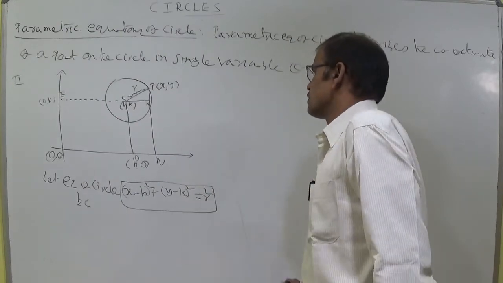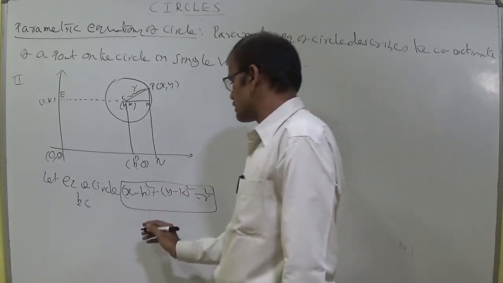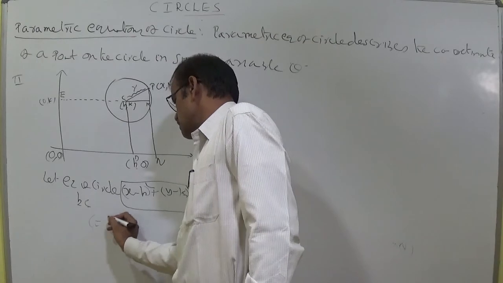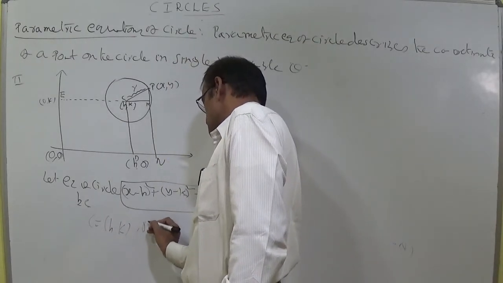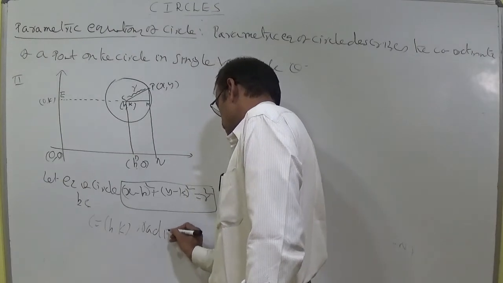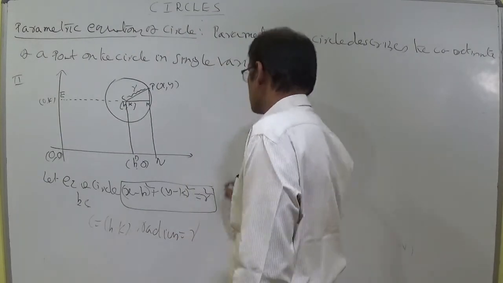Now, center C, h comma k decided, and radius is equal to r.